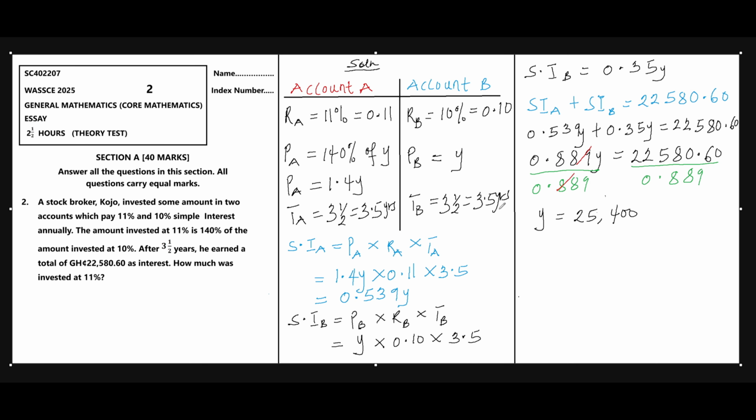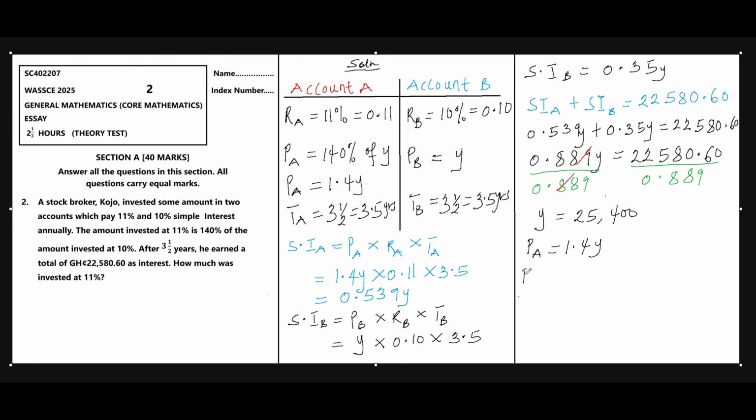Ghana cedis. But our goal here is to find how much was invested at 11%. So indirectly, they're asking us to find the amount of money that was invested in account A. So the principal for account A was giving us 1.4y.